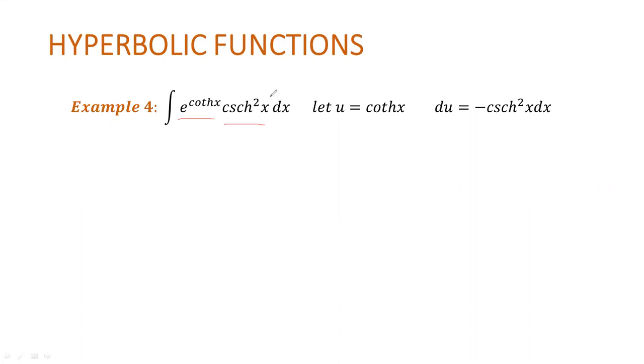It can be evaluated already in terms of an integral. So in this case, we cannot set the hyperbolic cosecant squared of x as the main function to be integrated. So that's a trial and error thing.